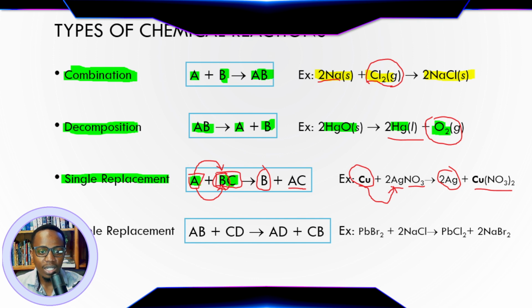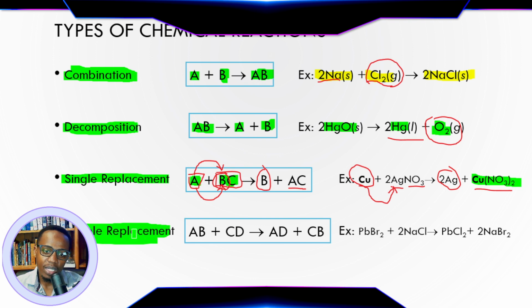Notice that whenever we're writing down copper nitrate, we still have to follow our rule of writing down formulas. So you have to do the cross rule. But we'll do that more in the examples that we look at.